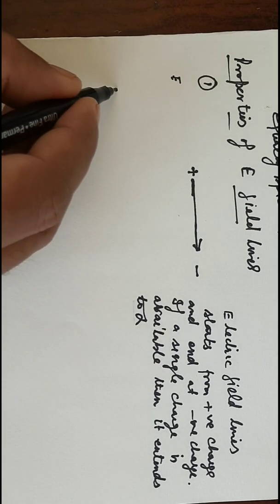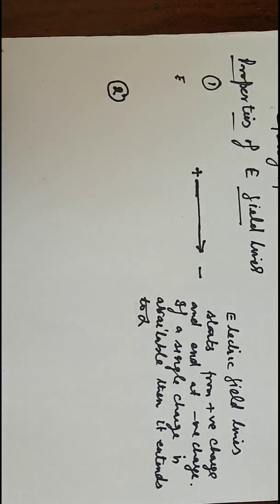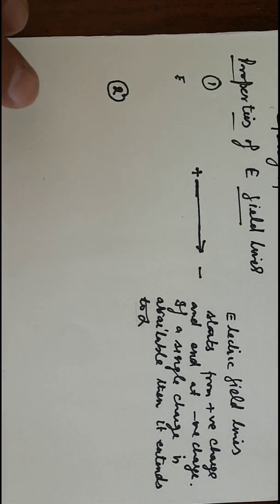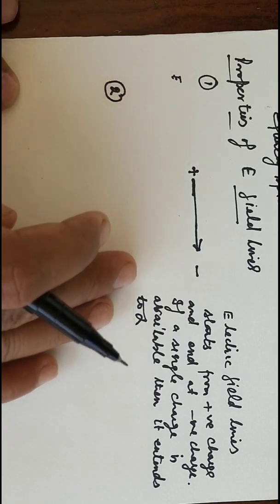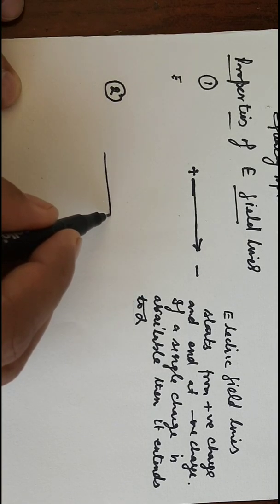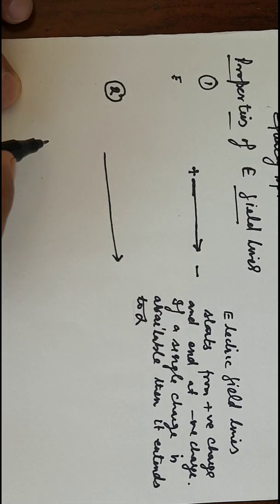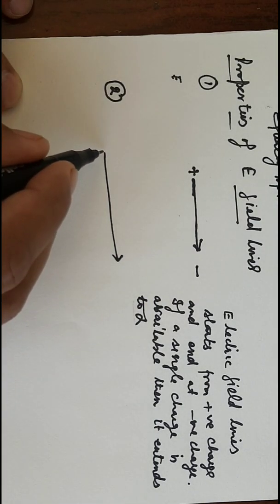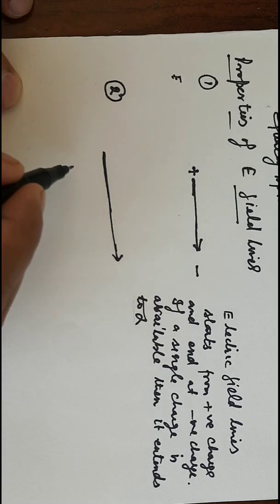Now the second is that in a charge-free region, the electric field lines can be taken to be continuous curves. If there is no charge over here, then the electric field will be represented by a continuous curve, meaning they do not have any break.